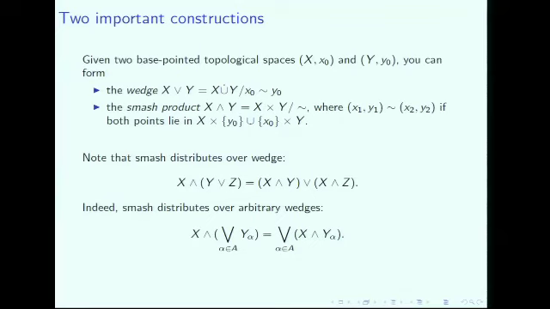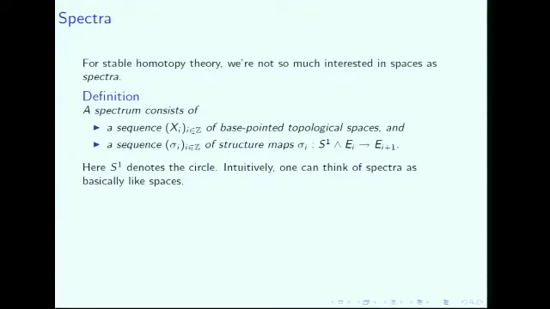If you just think it through in terms of the Cartesian product and the union, it all works out just fine. Variants on these two operations are the key operations for what we're working on. So we want to look at stable homotopy theory, and for that we're not so much interested in topological spaces as spectra.